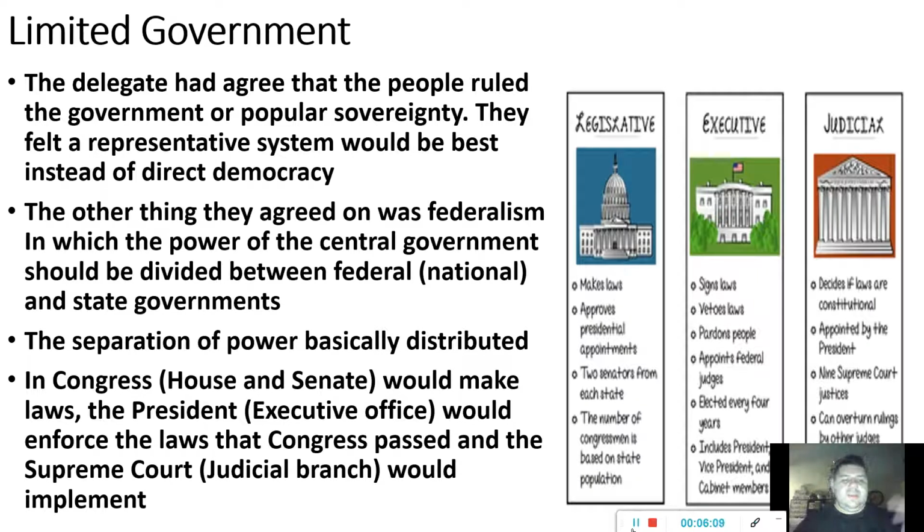The other thing that the delegates agreed on was that we should not have one central power, not one government that controls everything. They said, we need to break this thing down. So we have the federal level, which is the top: the president, the Senate, the House of Representatives, the court system. Then comes the state level.